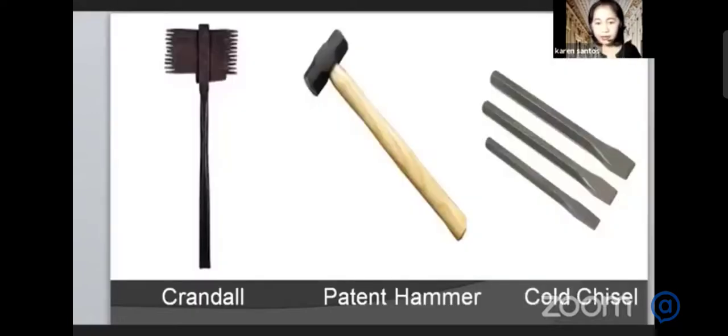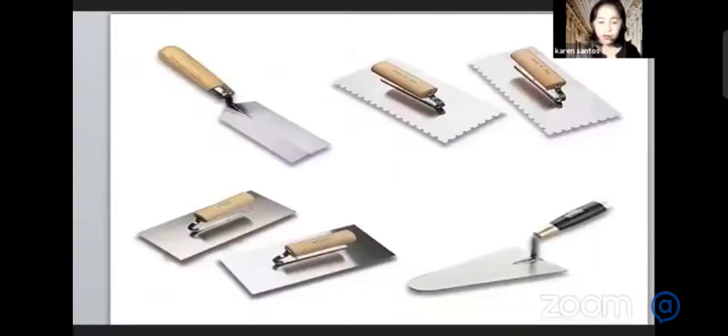Examples of wrapping up tools are the crane dowel, patent hammer, and cold chisel. Ito yung mga ginagamit natin in the process of preparing, arranging, forming, laying, and also shaping. Surface finishing tools, from the word finishing, are the floats and the trowels.